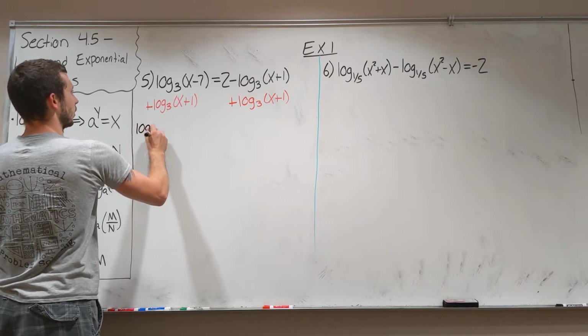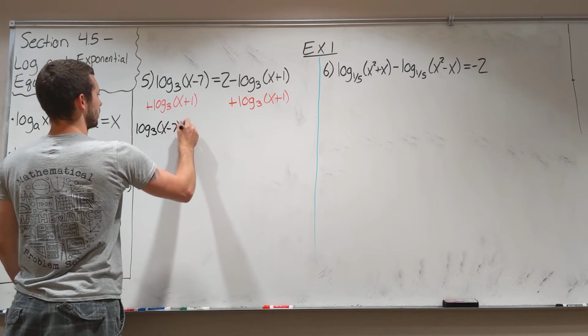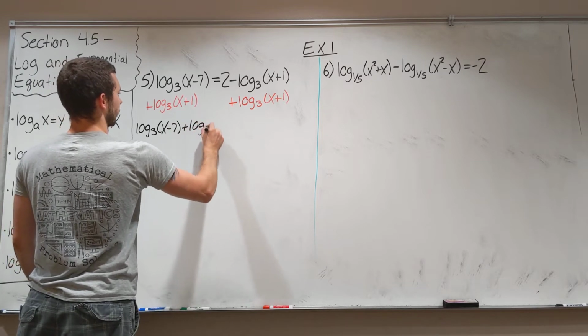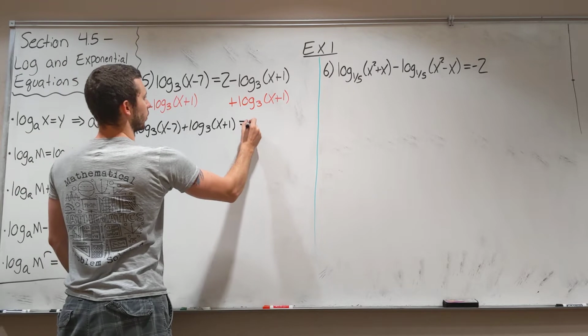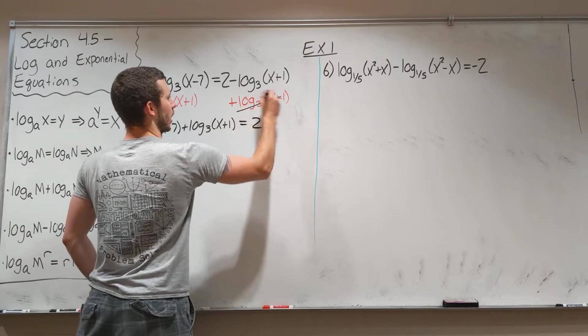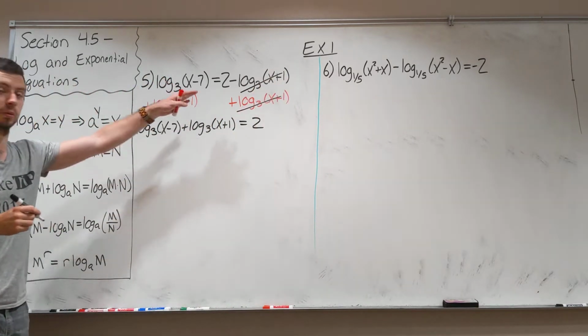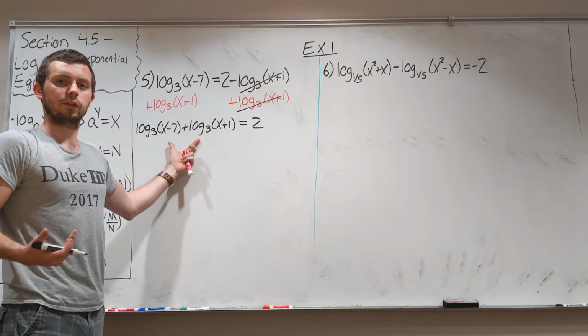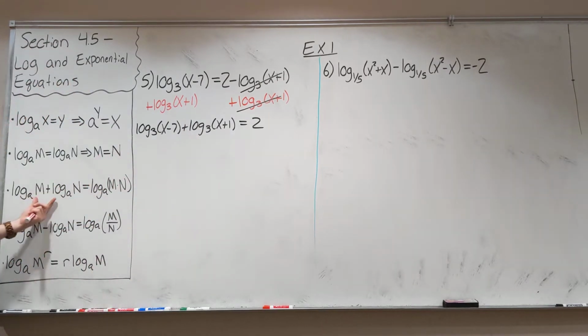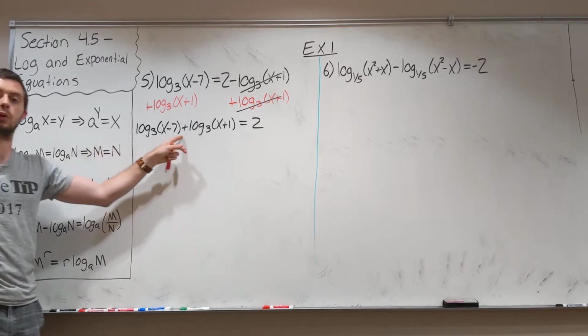So now it's going to be log base 3 of x minus 7 plus log base 3 of x plus 1. And now that's equal to just 2, because now we move the log base 3 of x plus 1 over to the left. And the only reason we did this is so we can utilize the product rule, which is a rule we can use when logarithms are being added together, like what we have here.